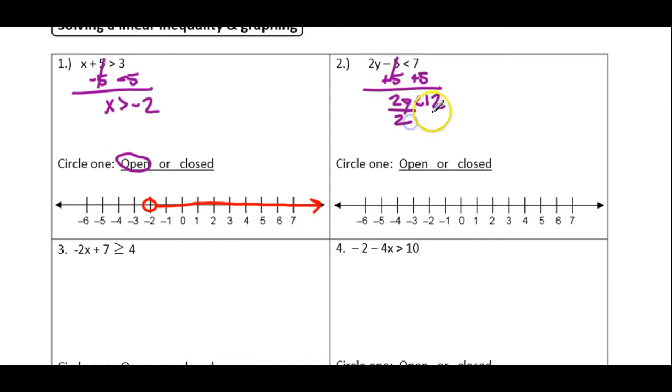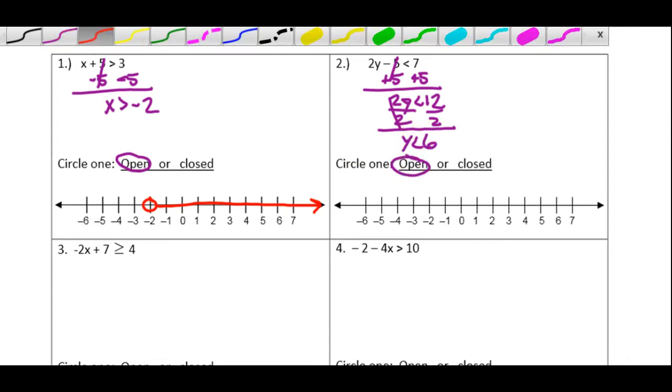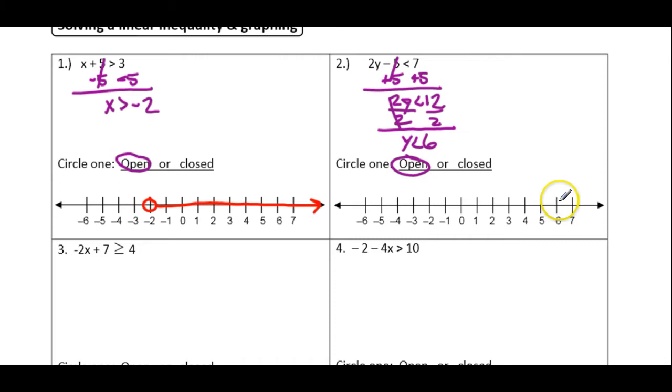Opposite of times is divide by 2. 2's are gone. y is less than 6. Alright, so now for our graphing. Less than means open circle again. So we go to 6 and put an open circle. y is less than that, pointing to the left, so you're going to color to the left, all the way down to the line with the arrow.